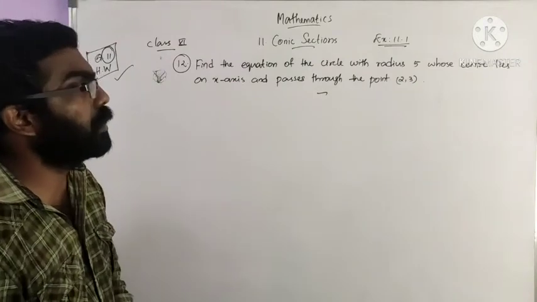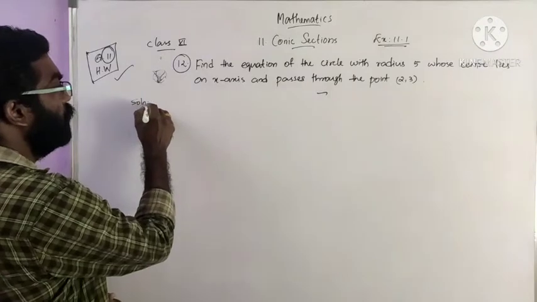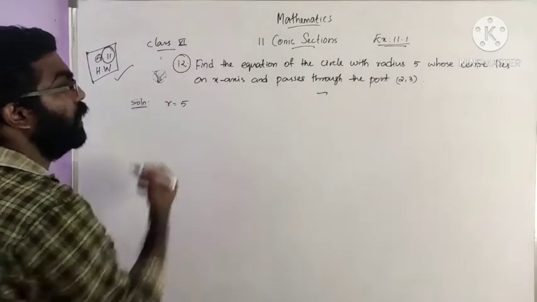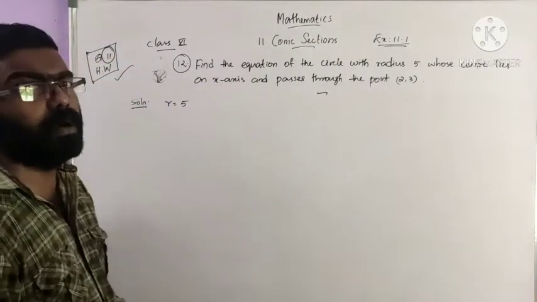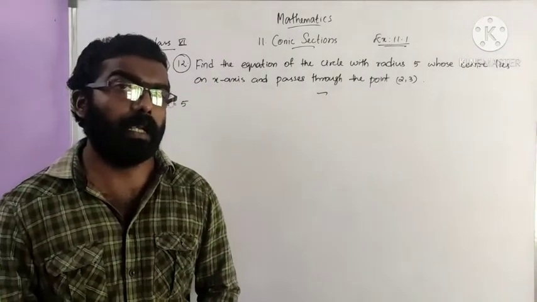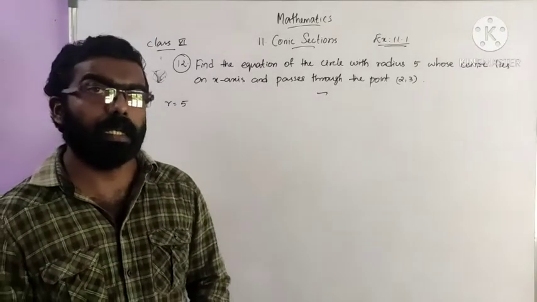Find the equation of the circle with radius 5. So here radius r is equal to 5, whose center lies on the x-axis. We know on the x-axis y is equal to 0, the y coordinate is 0. And the coordinate of the center is h comma k.